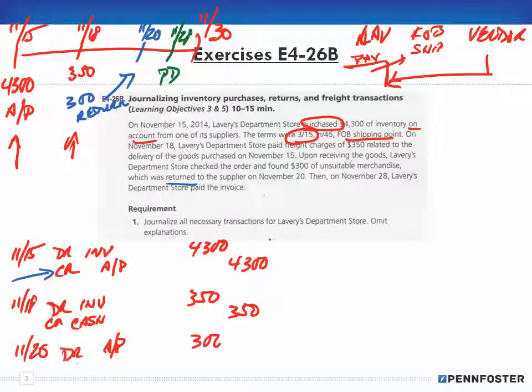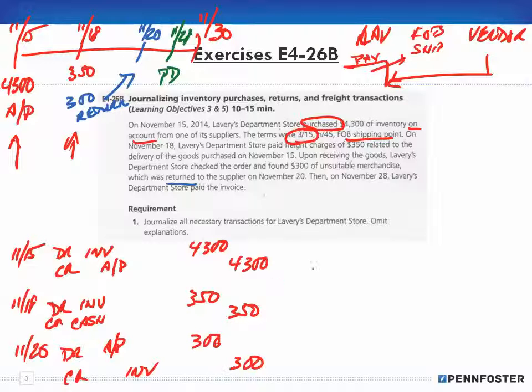And we're just reversing this entry, right? So I have a debit to accounts payable and a credit to my inventory account for 300. That's all. When you're returning it, you look back at the previous transaction, and you just make a reversing entry to that.